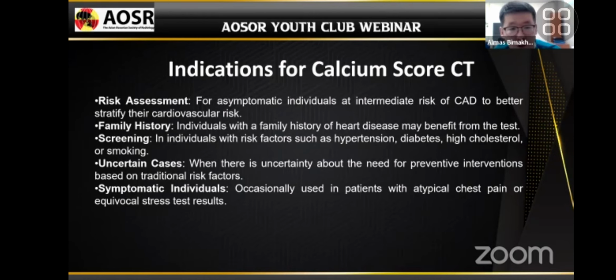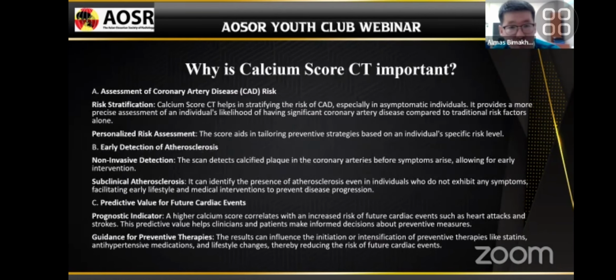Screening in individuals with risk factors such as hypertension, diabetes, high cholesterol, or smoking. Uncertain cases, when there's uncertainty about the need for preventive interventions based on traditional risk factors. And symptomatic individuals, occasionally used in patients with atypical chest pain or equivocal stress test results.